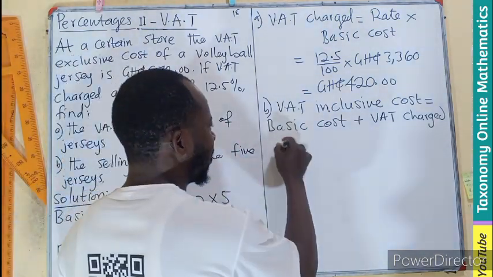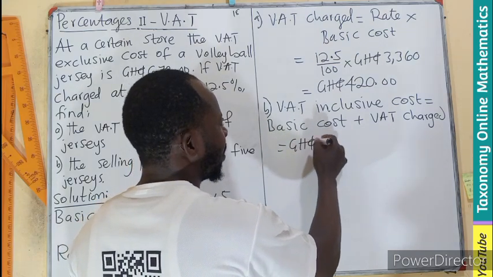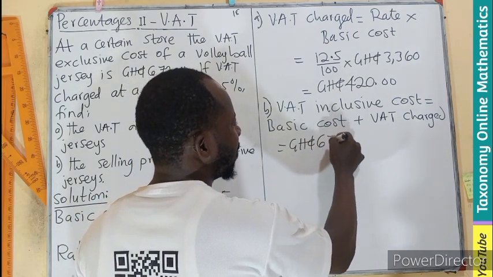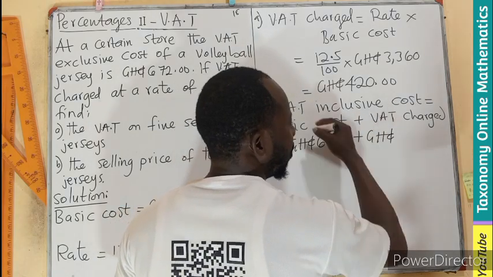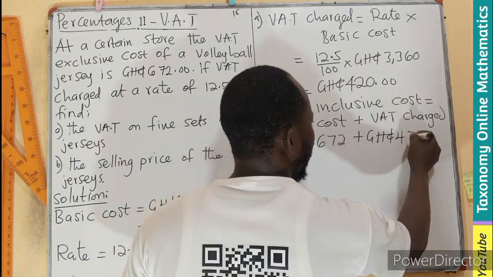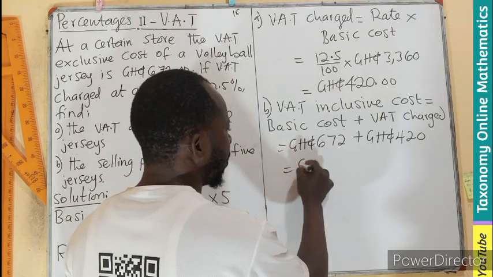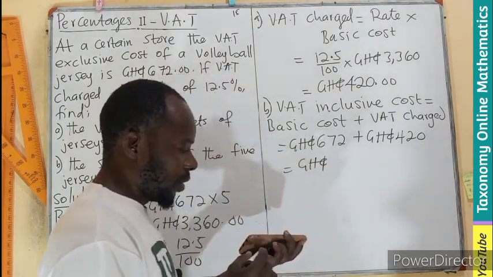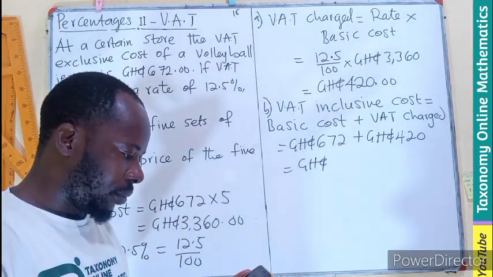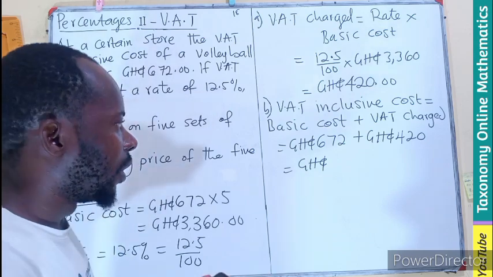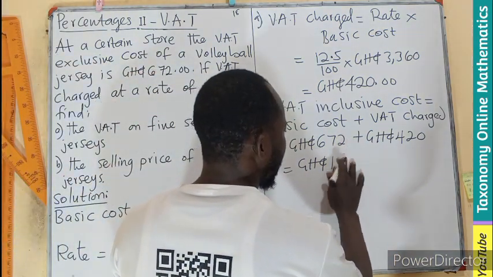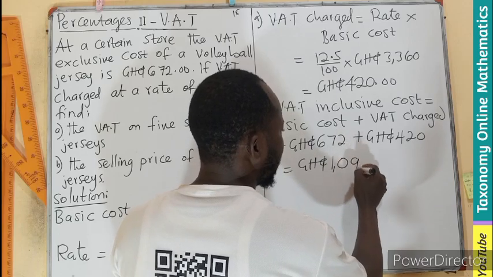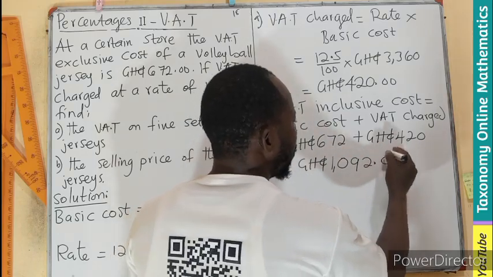So I can say that it is 3,360 plus 420. Let's put them together and see. So this will be 3,780 Ghana cedis.